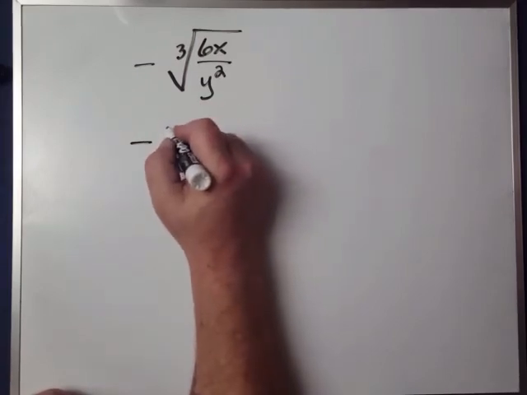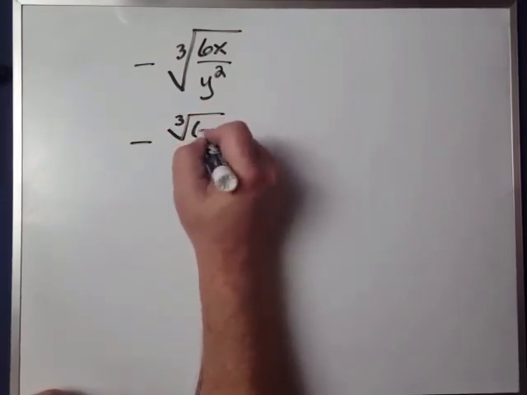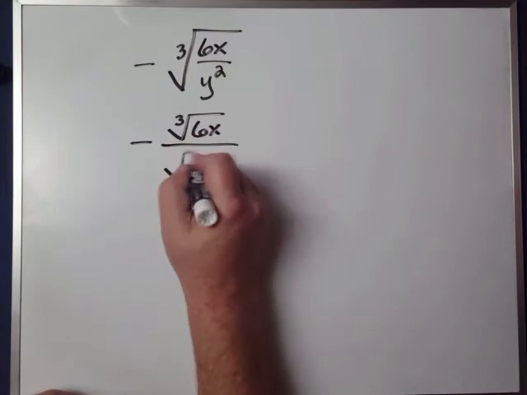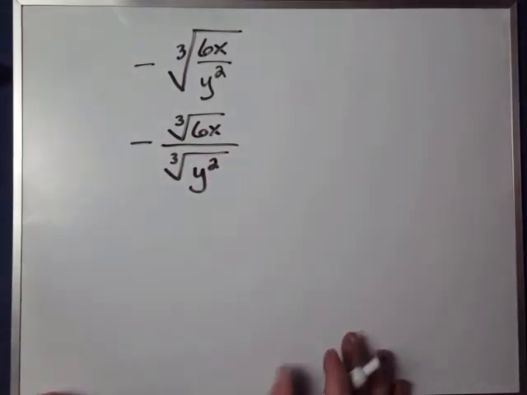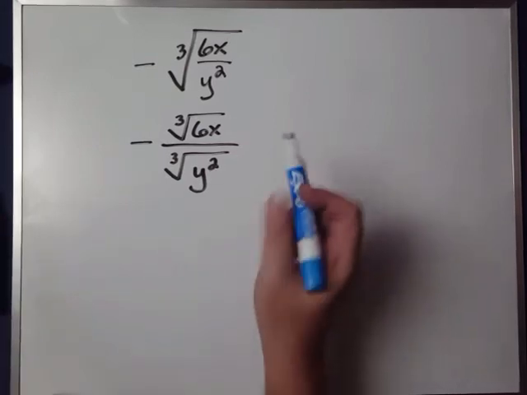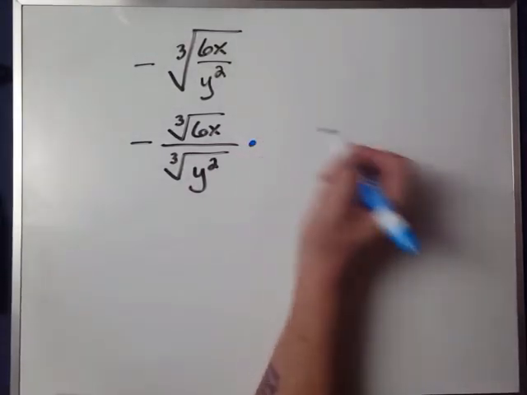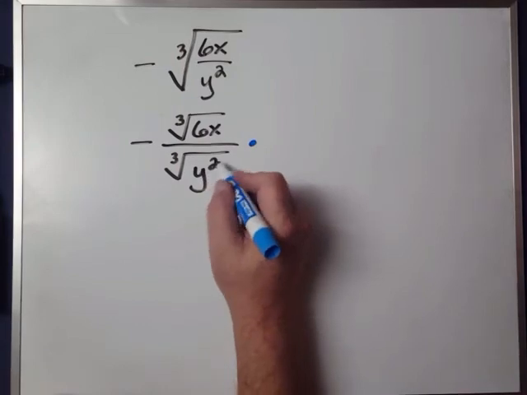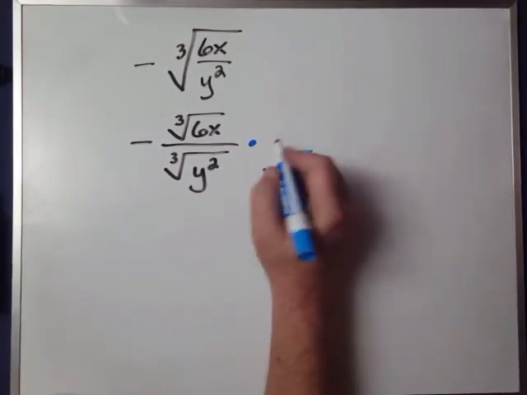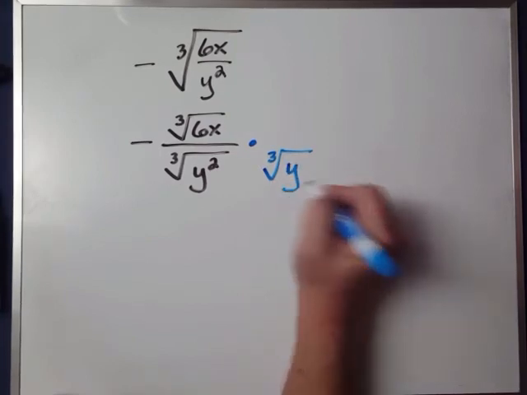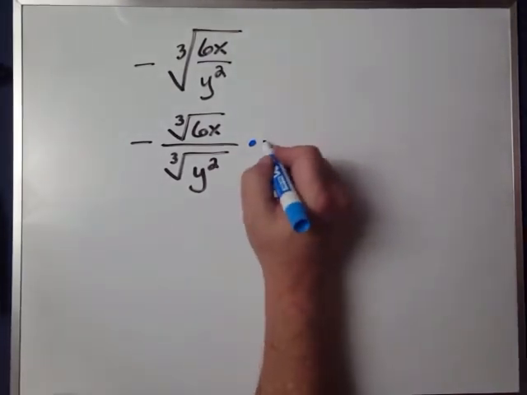Let's use our quotient rule to split that apart. Cube root of 6x over cube root of y squared. Let's figure out what we're going to rationalize with. I already have a pair of y's. I need 3 of a kind. So one more factor of y will do it.